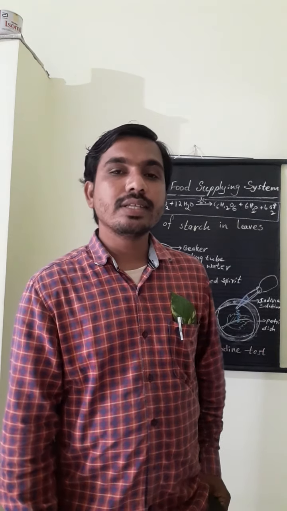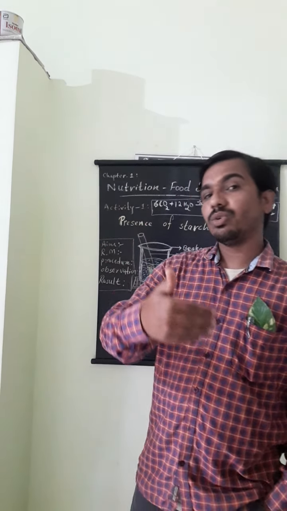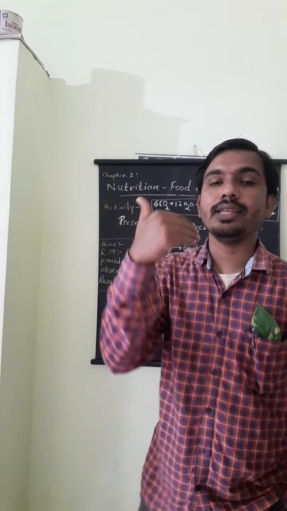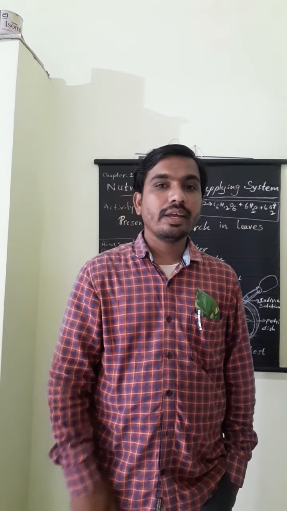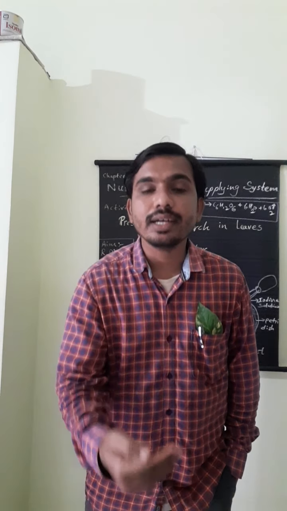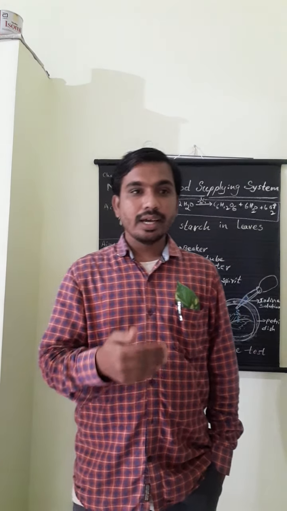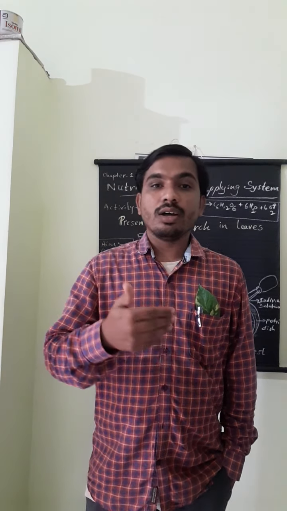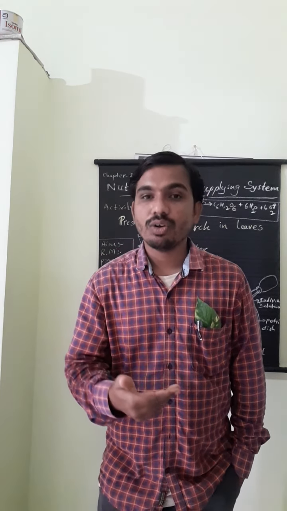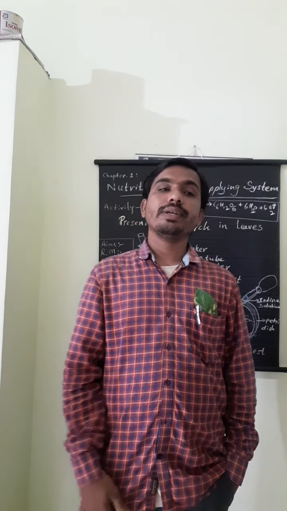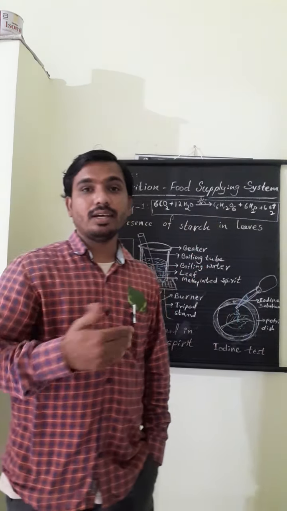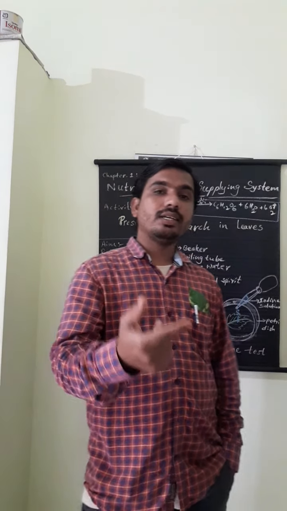Dear students, we have to know the several steps of how to conduct an activity in the laboratory, what the procedure is, what steps we have to follow and what precautions we have to take in the lab.